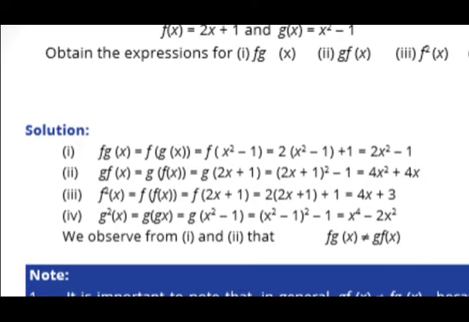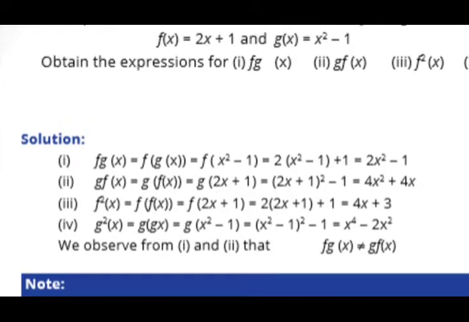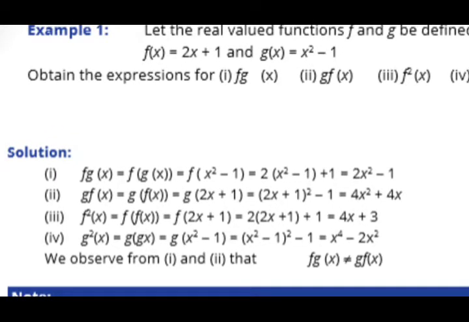The inner function is g of x, whose value is x square minus 1. We put this value in f, where in place of x in 2x plus 1 we put x square minus 1, then simplify it.